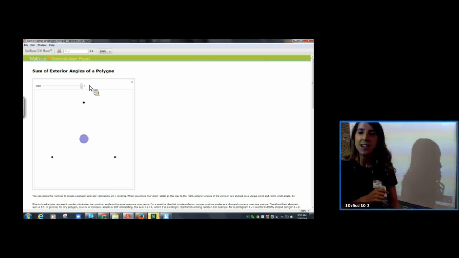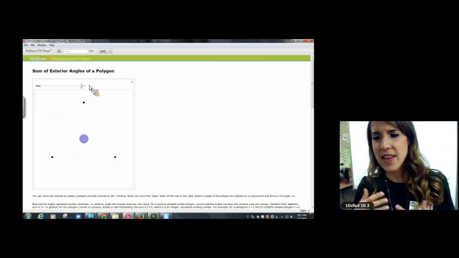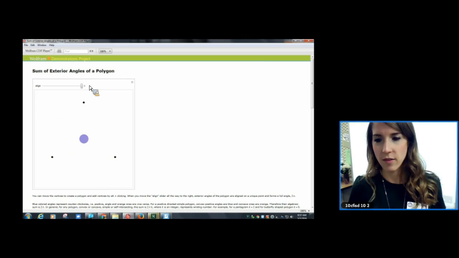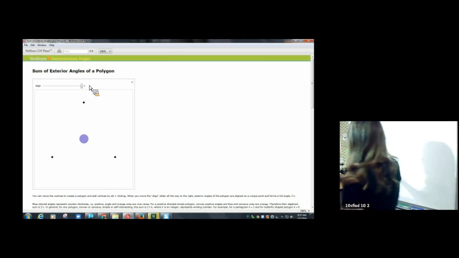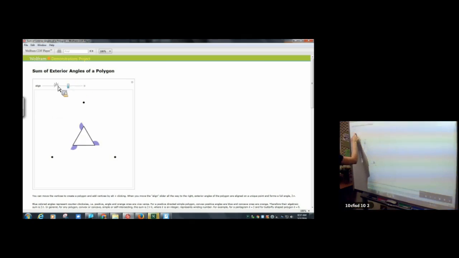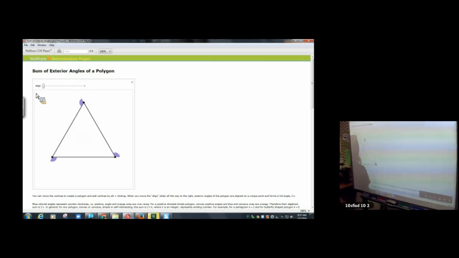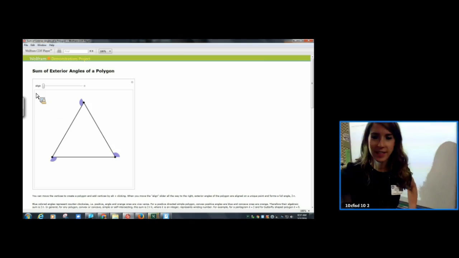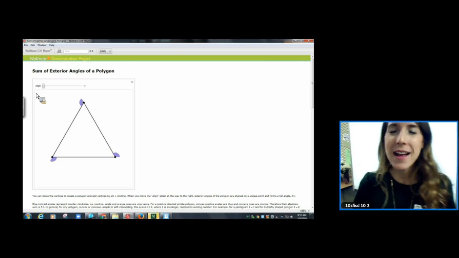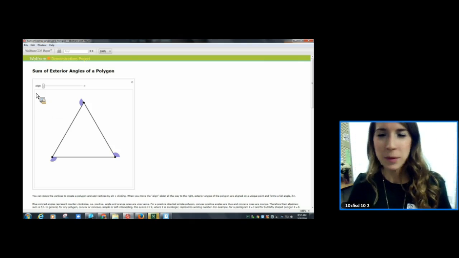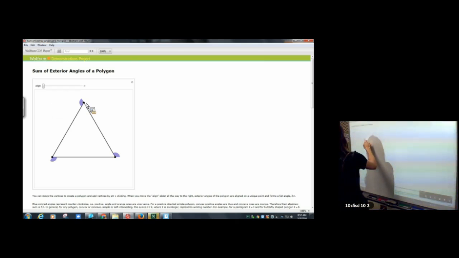Oh my goodness, what can you conclude about the exterior angles of a triangle? Yes, they add up to 360. Now, you're like, okay, well, that's a nice equilateral triangle.